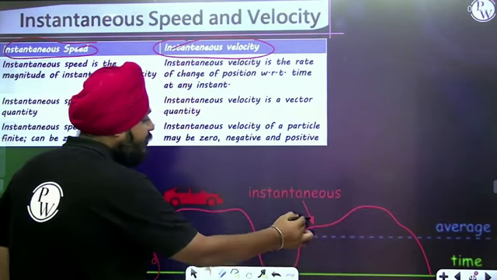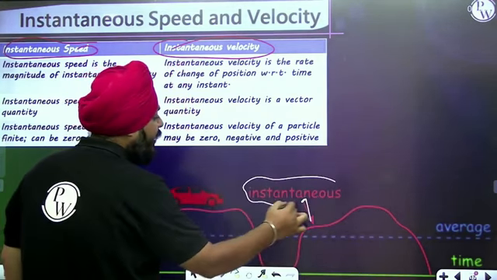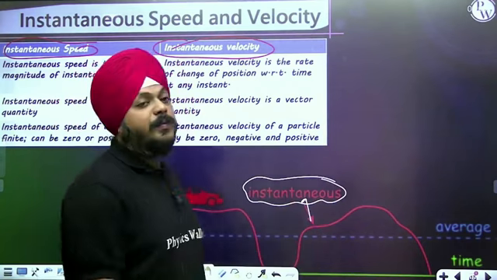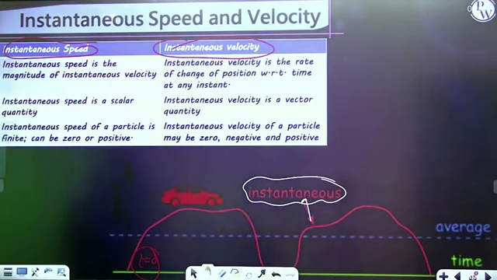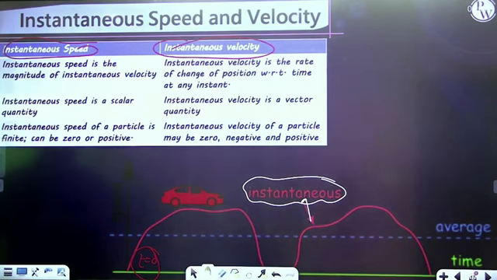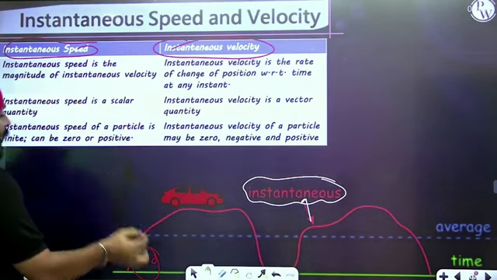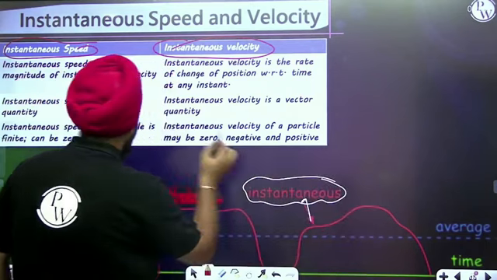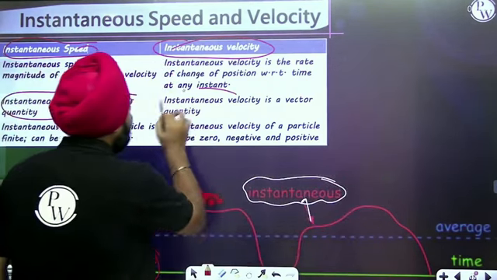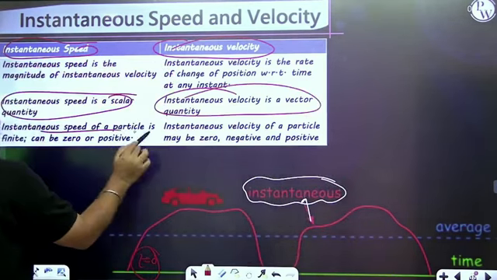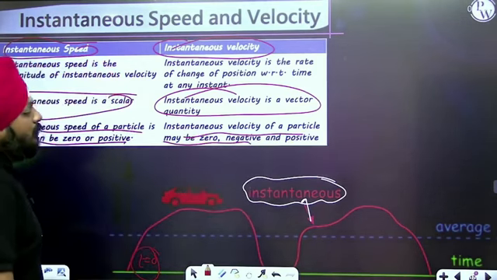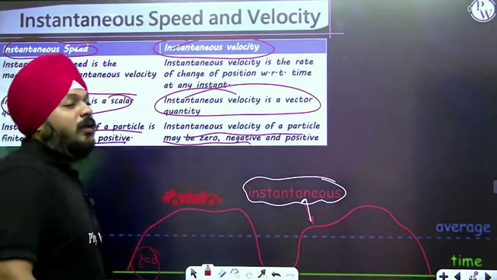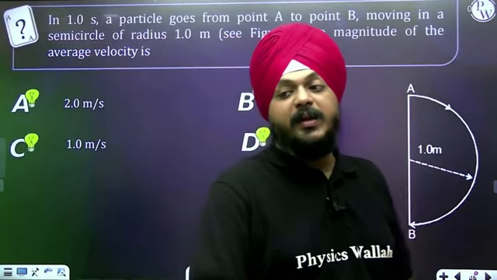At this time instant, the speed and velocity are the instantaneous speed and instantaneous velocity. Instantaneous speed is a scalar quantity. Instantaneous velocity is a vector, which can be positive, negative, and so on. So these are some of the motion parameters we discussed.